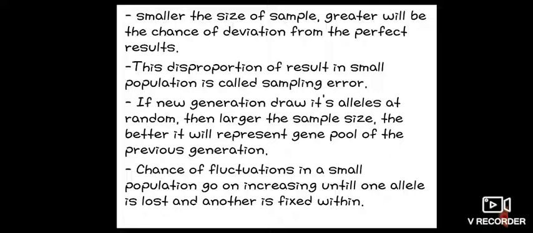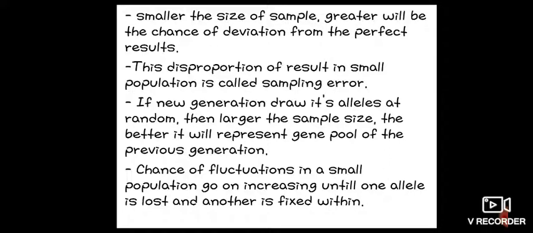The chance fluctuation in a small population goes on continuously, and this process may yield 100% frequency of one allele by losing the other trait in the population. That is, we can simply consider p equal to 1 for one allele and q equal to 0, or vice versa.